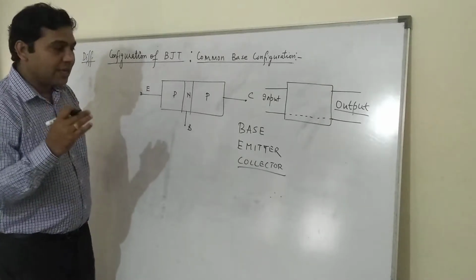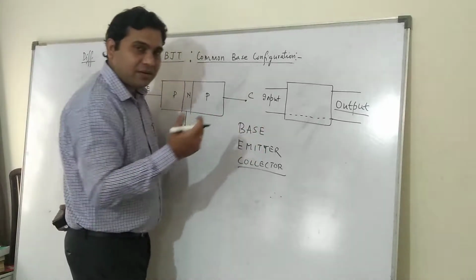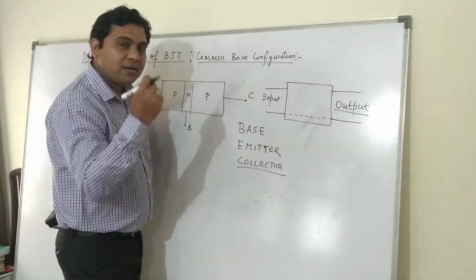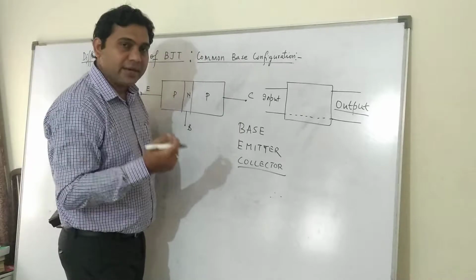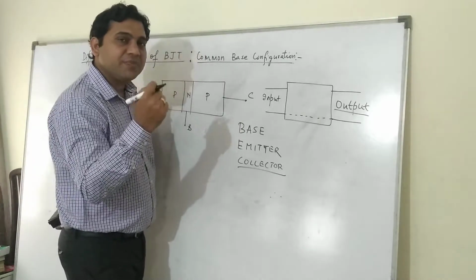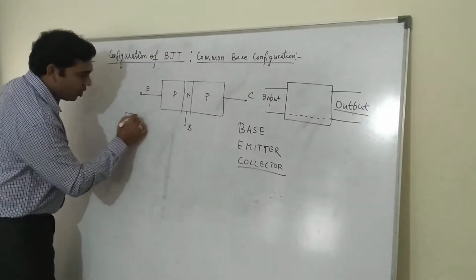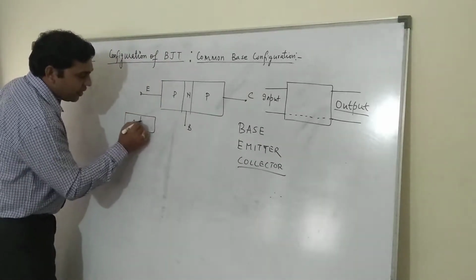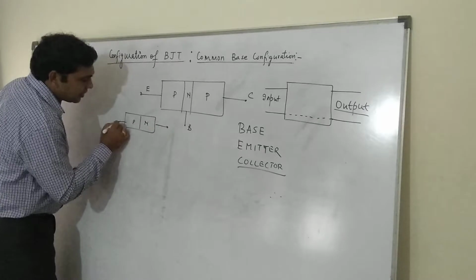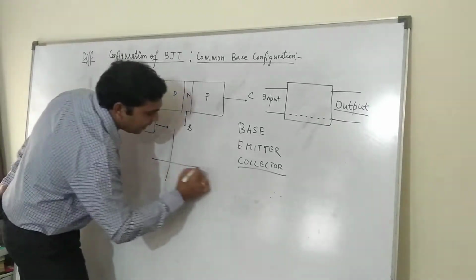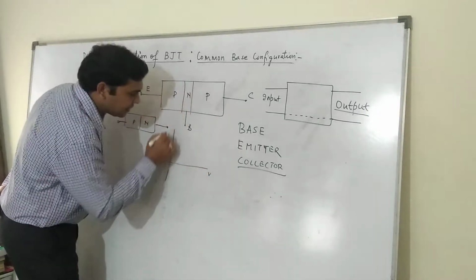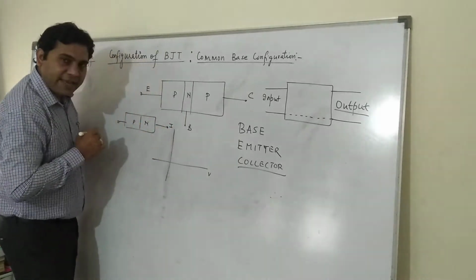It's not that the characteristics of the transistor will be similar. Characteristics mean a relationship between a voltage and a current. For example, in a P-N junction diode, what are the characteristics? Let's say you have a P and an N. The characteristics are a relationship between voltage and current. Let's say you have voltage on the V axis and current on the Y axis.